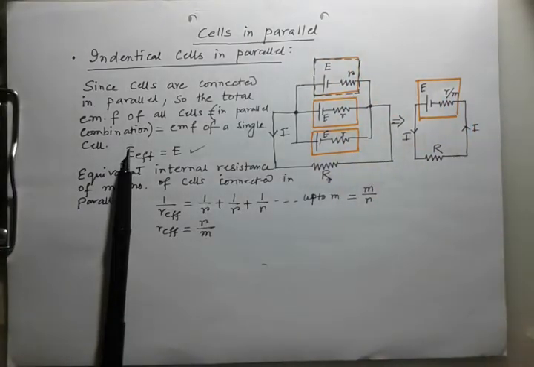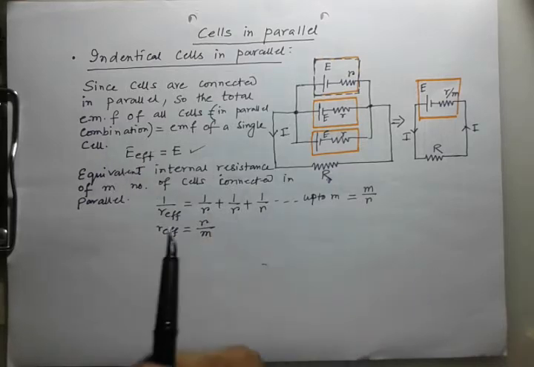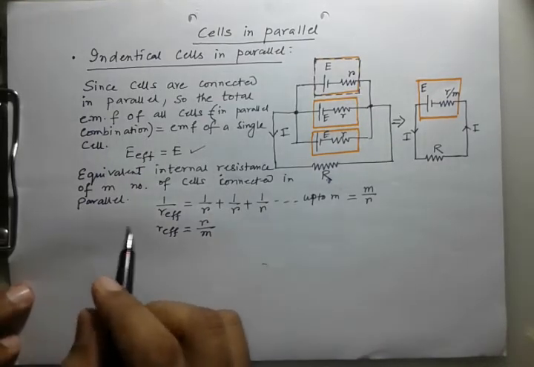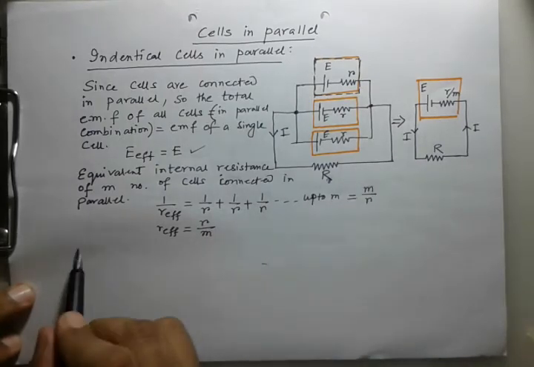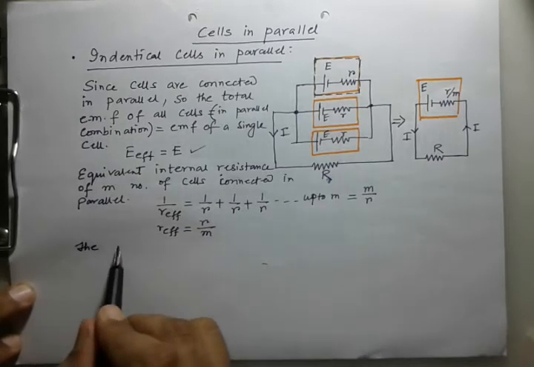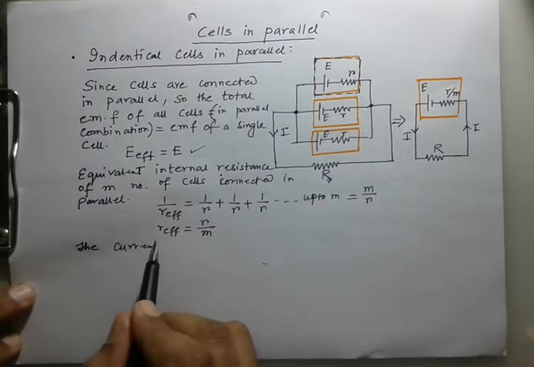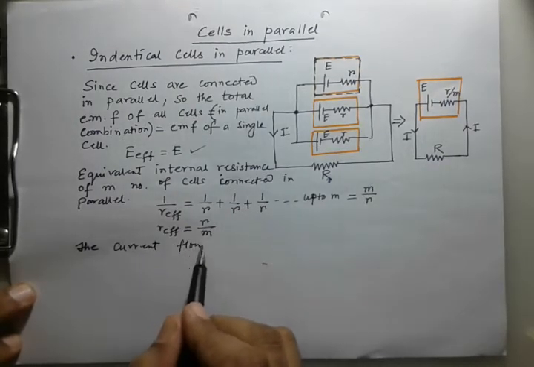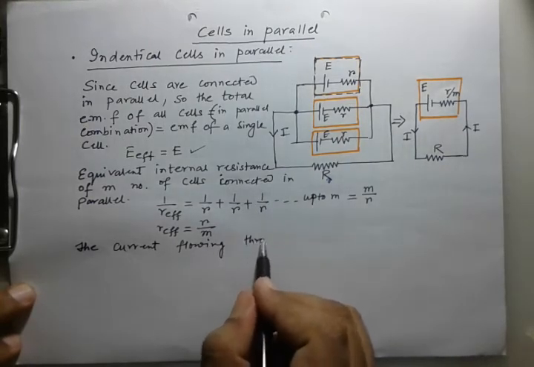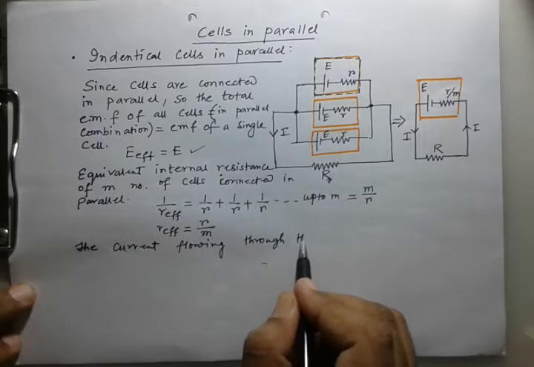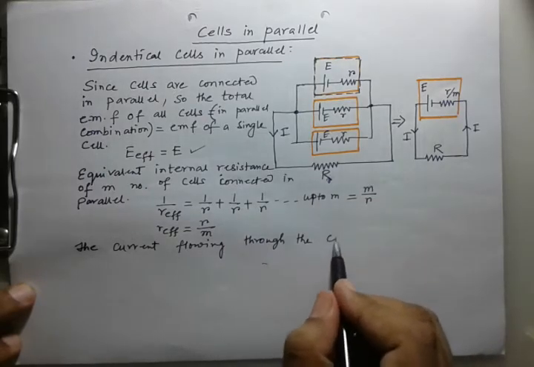So now what is the total current? What is the current actually flowing through the circuit? I have to find out the current flowing through the circuit.